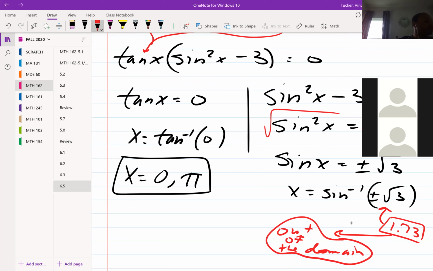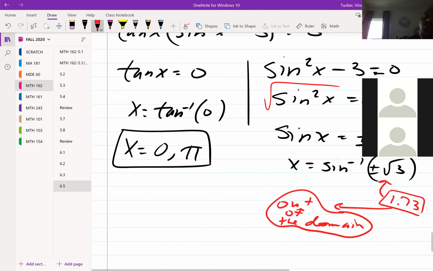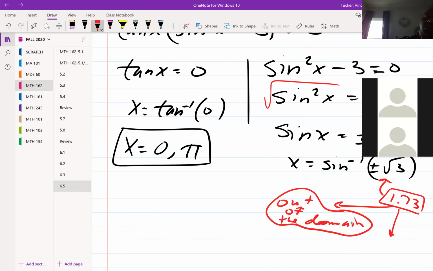Remember, the domain goes from -1 to 1. Yep, -1 to 1. So no solution for this over here.